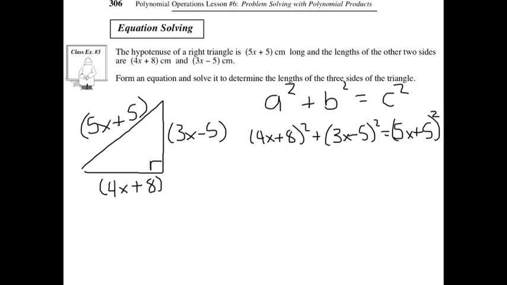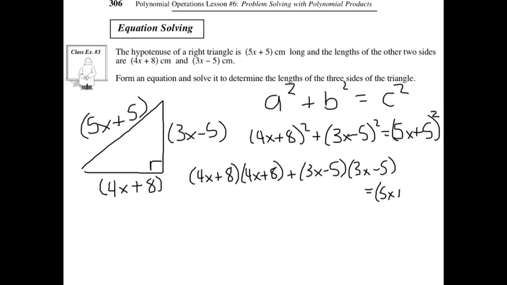So we're going to expand that one out. What you're going to have is 4x plus 8 times 4x plus 8, plus 3x minus 5 times 3x minus 5, is equal to 5x plus 5 times 5x plus 5.